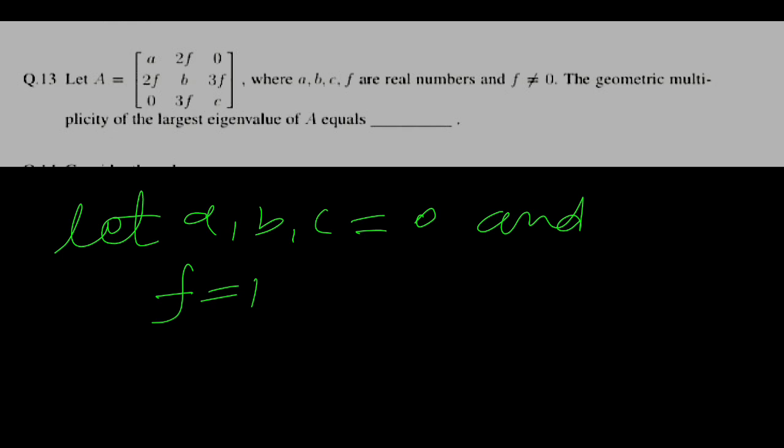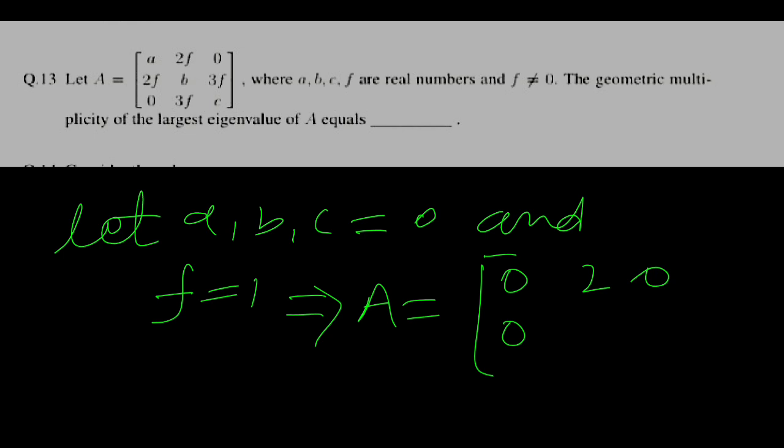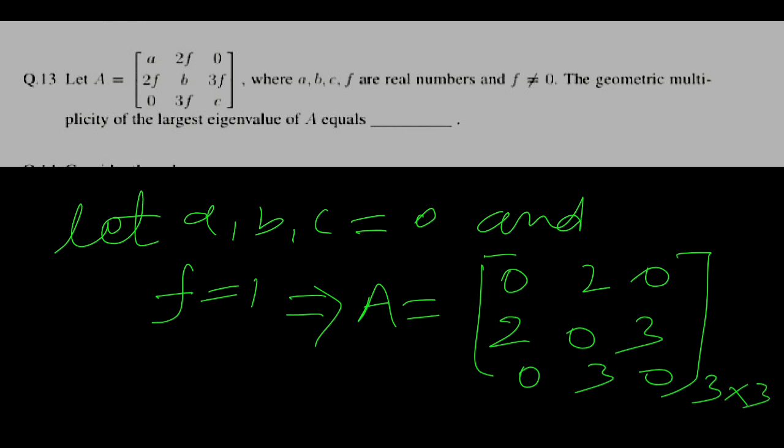Then the matrix A becomes 0, 2, 0, 2, 0, 3, 0, 3, 0. This is a 3 cross 3 real symmetric matrix.